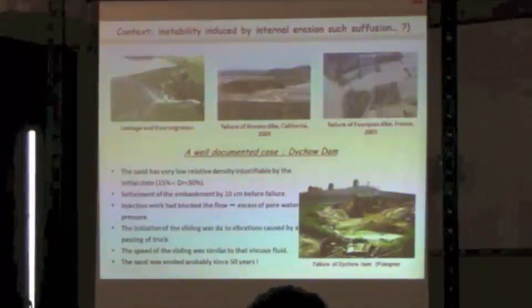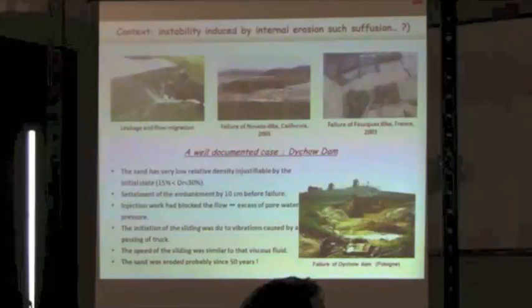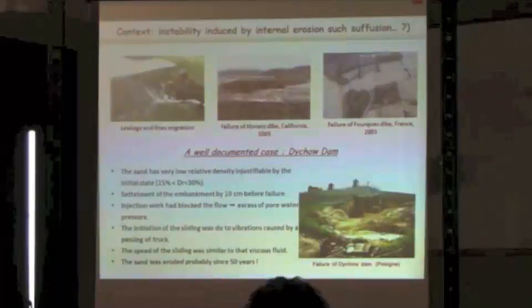Just before the failure, a settlement of 10 centimeters of the embankment was observed, and the initiation of the sliding was due to the vibration caused by a passing truck. This back analysis concluded that the failure was due to an erosion process which took place during 15 years.